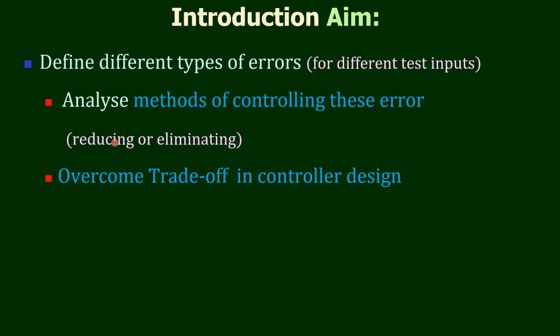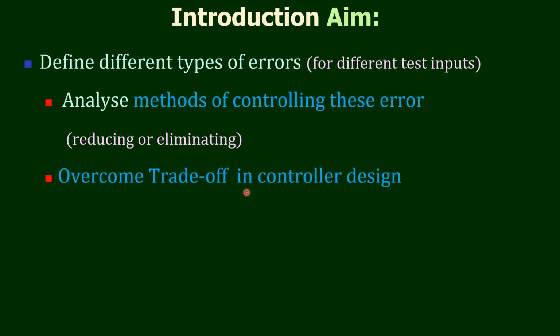In many applications, it is required to be 5%. And for certain high performance systems like nano positioning systems, micro positioning systems and IC manufacturing, the positioning requires less than 1% steady state error. So these types of things we will discuss in this chapter.